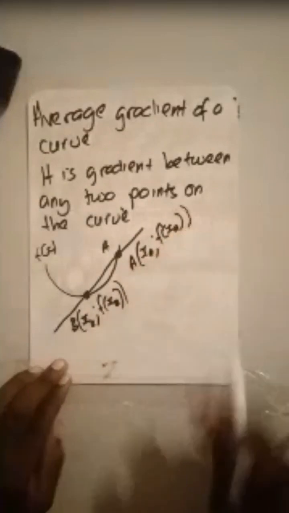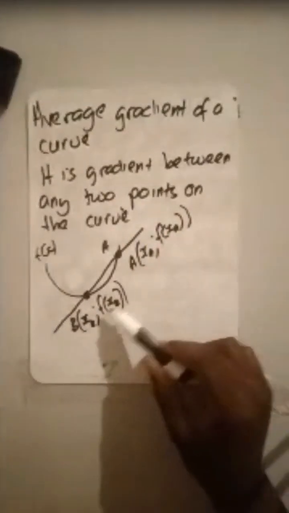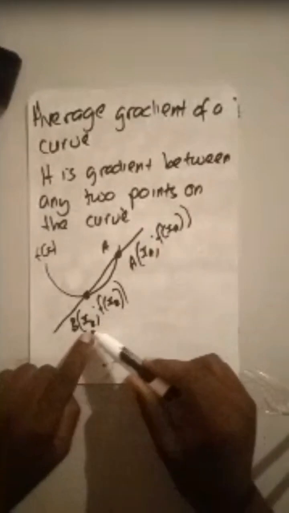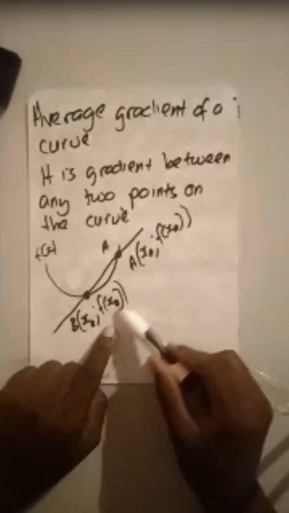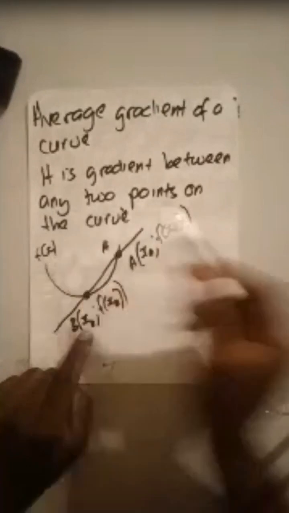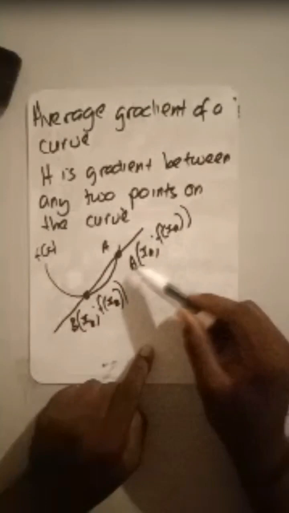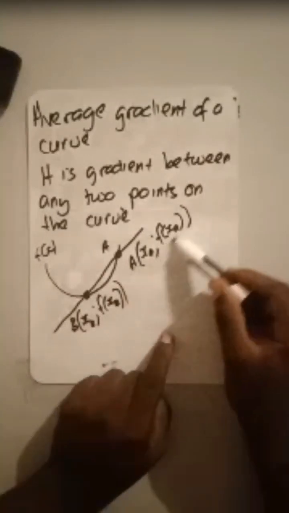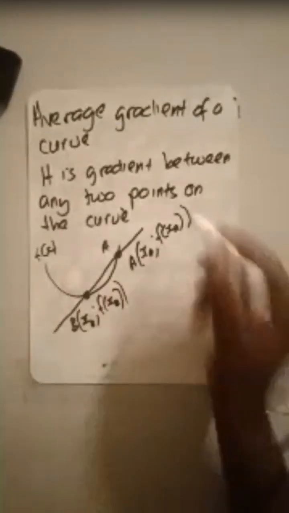I hope you understand the function notation and what we mean by f(xB). Given the x coordinate at B, it is possible to calculate the y coordinate by substituting the x value into the function, and likewise for A. That is what it simply means.